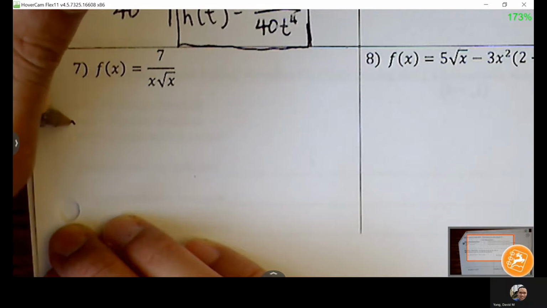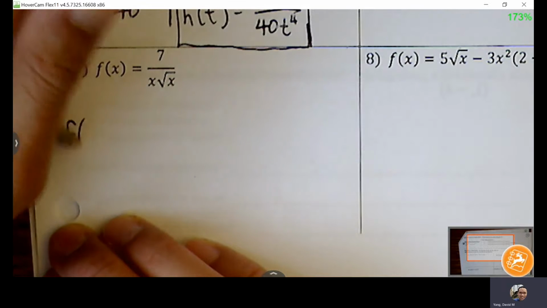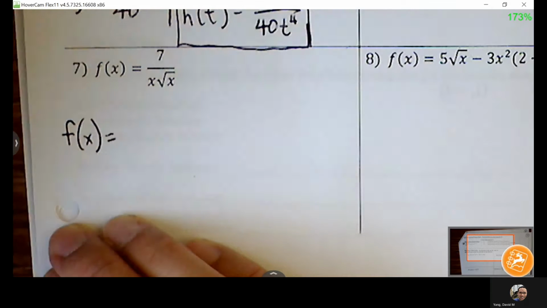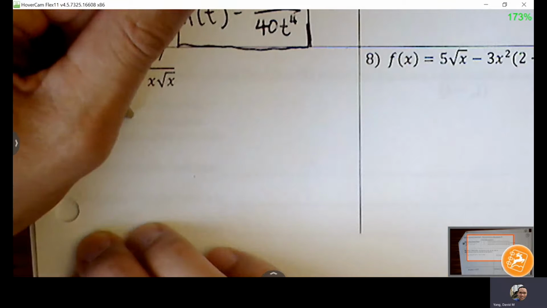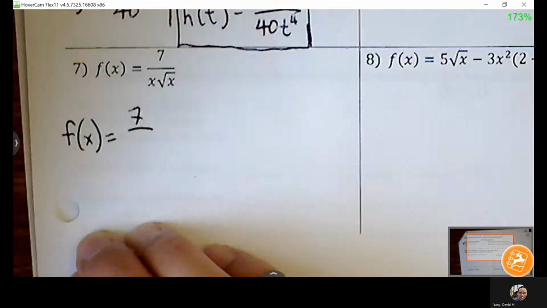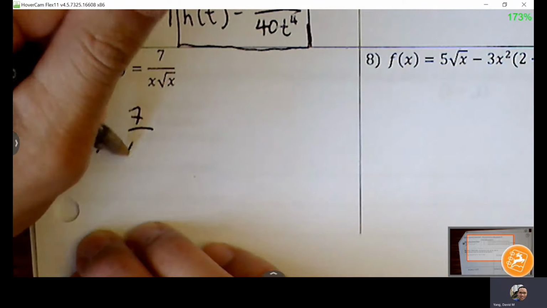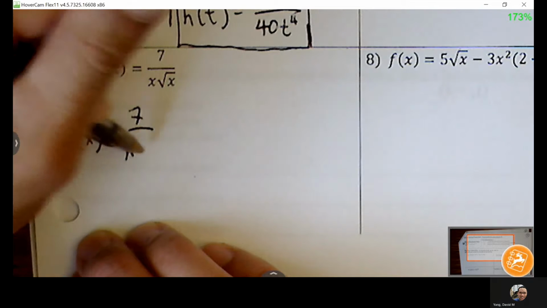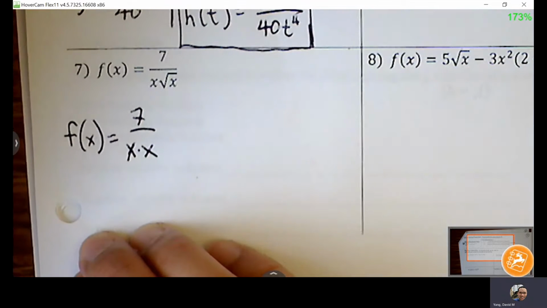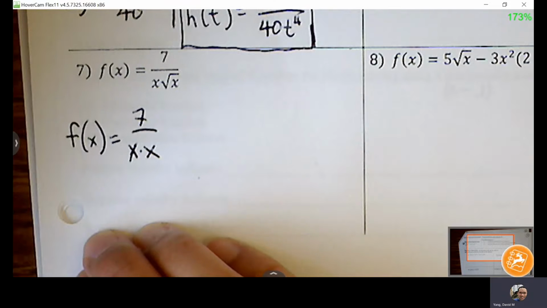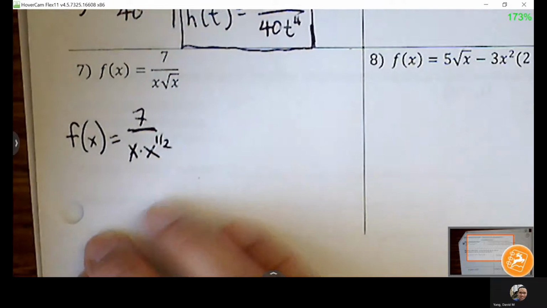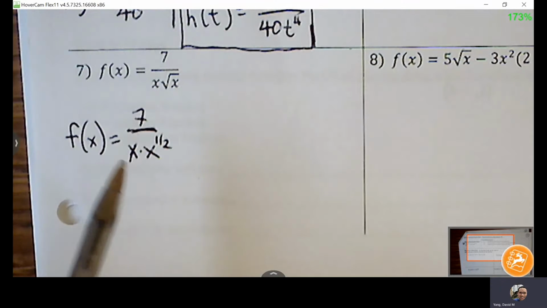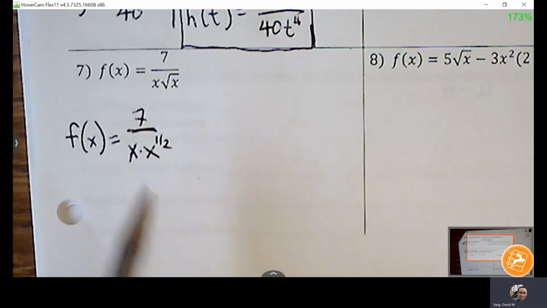Okay. How about let's change the radical first? So how would you change it? 7 over x, and put x to the 1/2 to the side. Or would you make it negative, like 7 to negative 1/2, since you're trying to move it to the numerator?